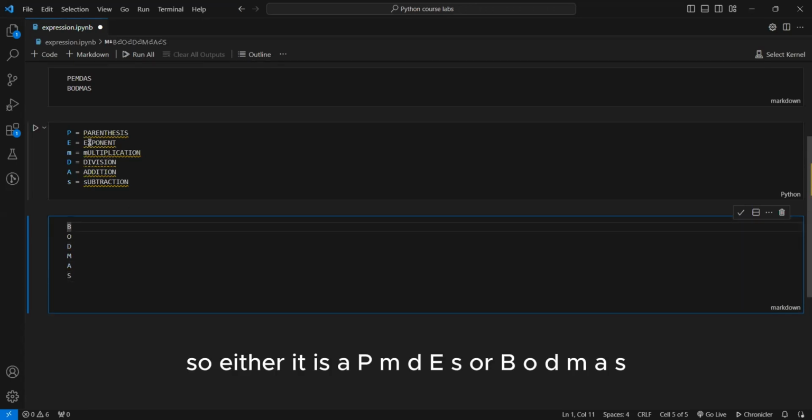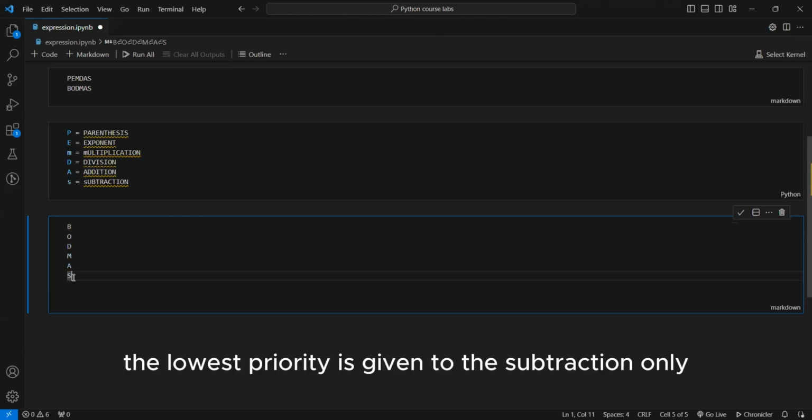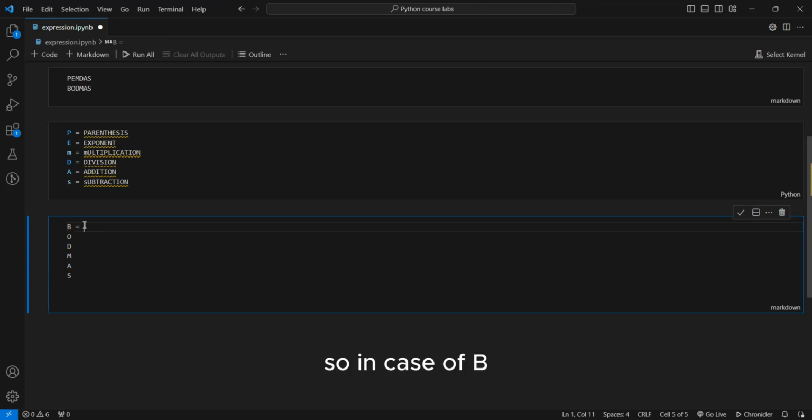So either it is PEMDAS or BODMAS. The lowest priority is given to the subtraction only. In case of B, it is brackets. In case of parenthesis, you can call it a bracket as well. So both the scenarios are the same.